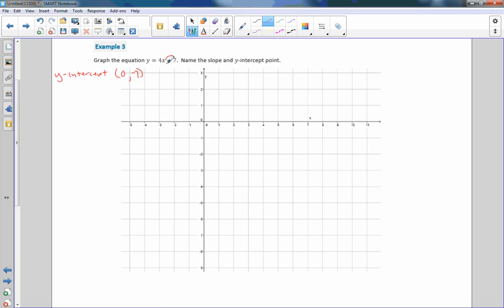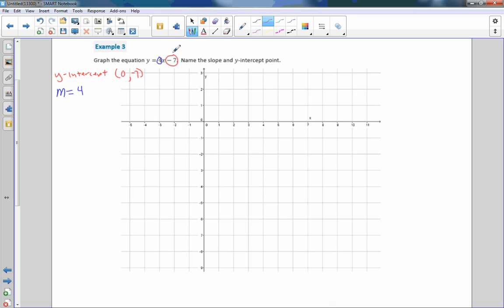So there's our y-intercept. Our slope is 4, so my slope equals 4. Now this is an integer. It's not a rational number. Well, it is a rational number, but it's not shown as a fraction. It's an integer, but I'll show you what we need to do in that situation.